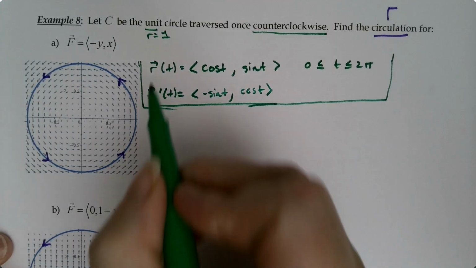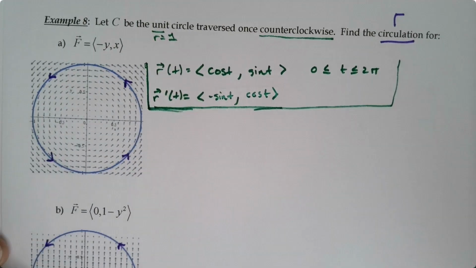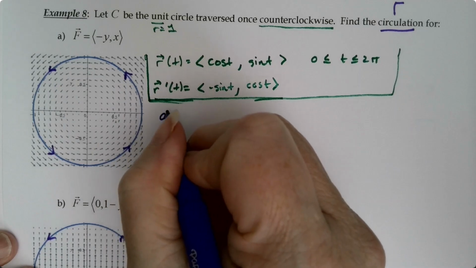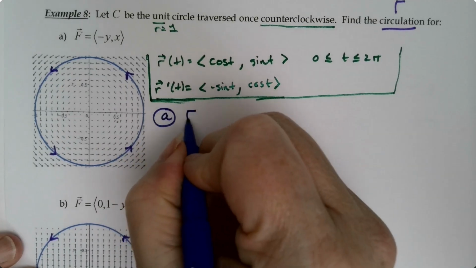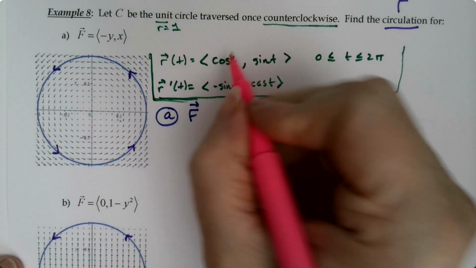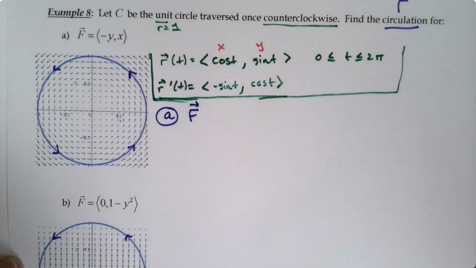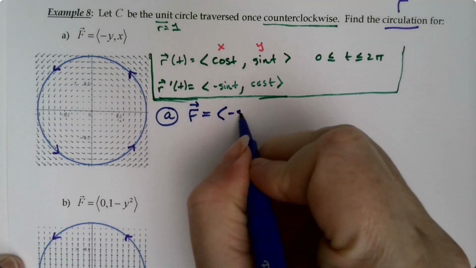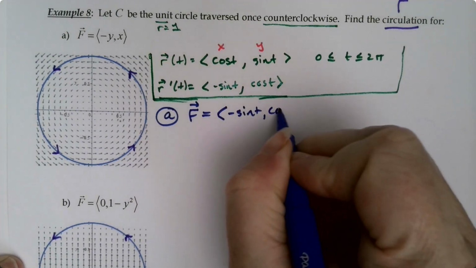Now for part A, we need our vector field. Our vector field was negative y, x, so negative y, x would be negative sine t, cosine t.